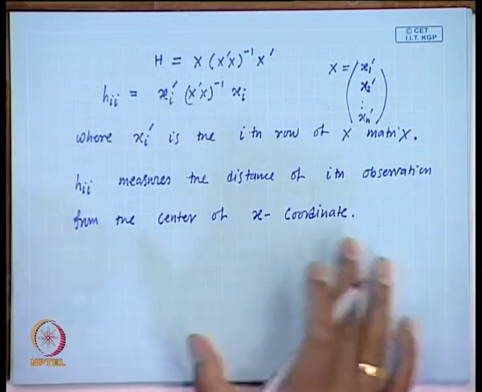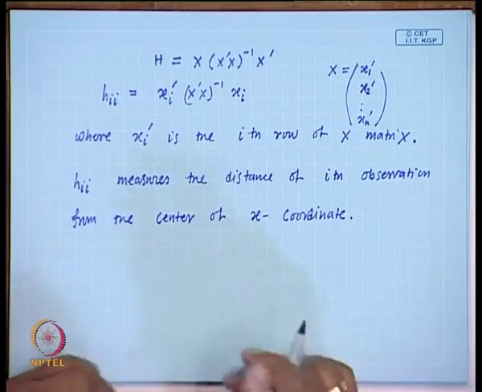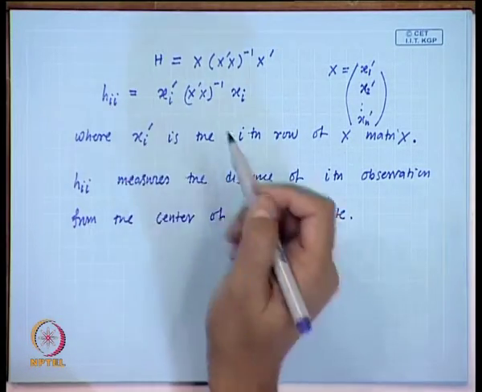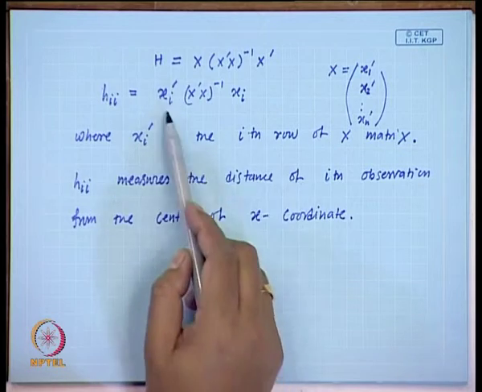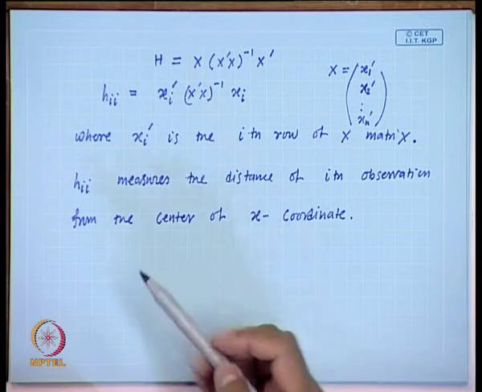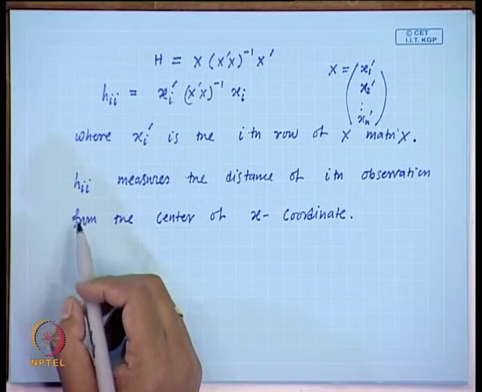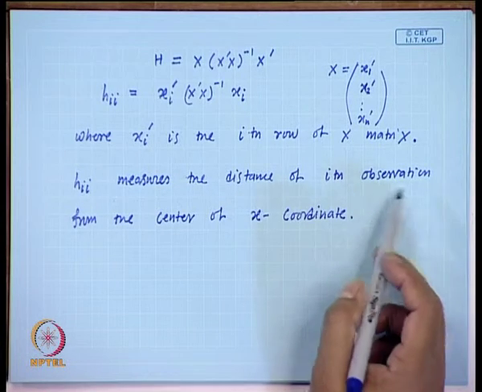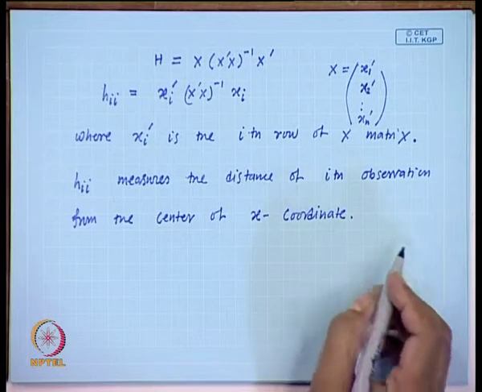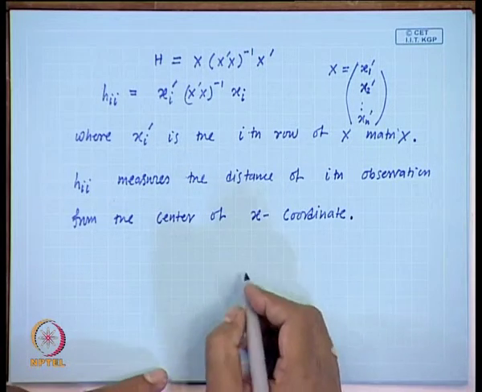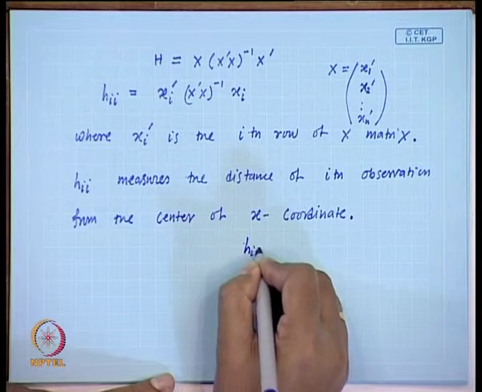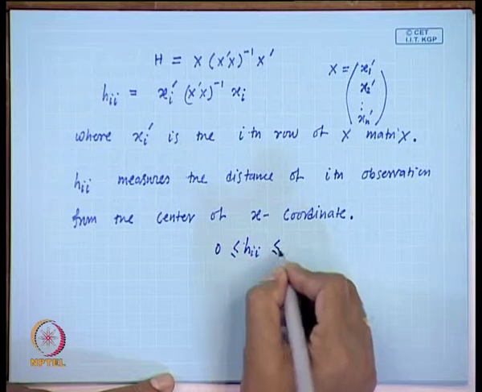So, this is enough to explain what HII is: xi prime is the ith row of the X matrix, and HII measures the distance of the ith observation from the center of the X coordinate. And it is not difficult to realize that HII is in between 0 and 1.